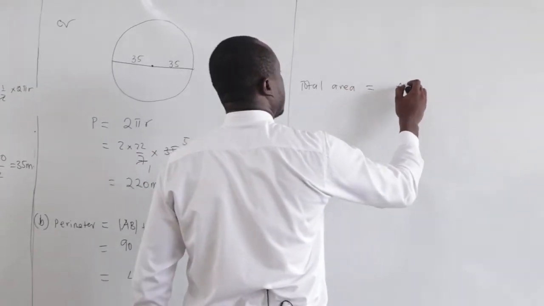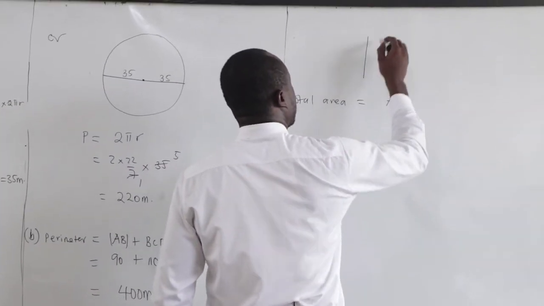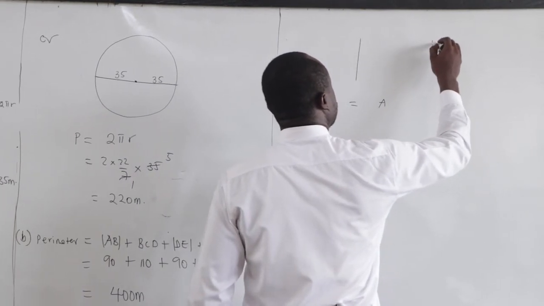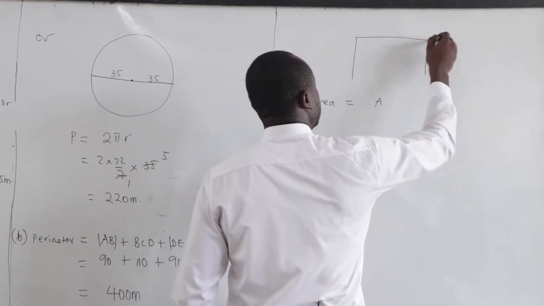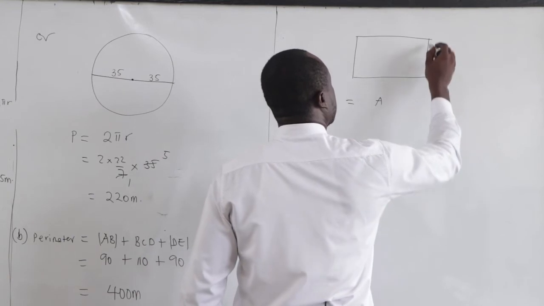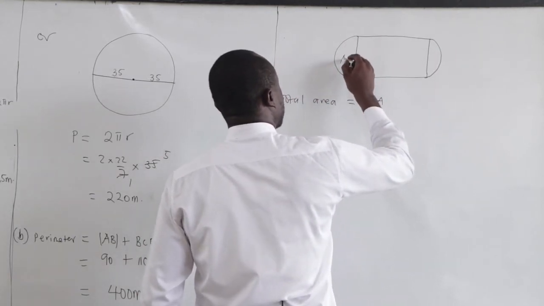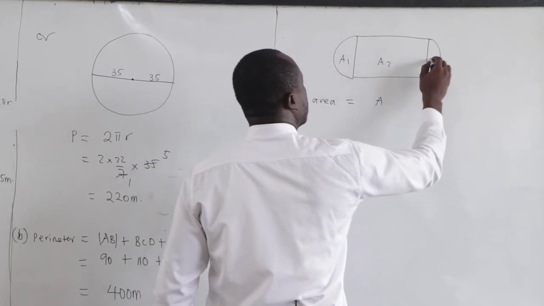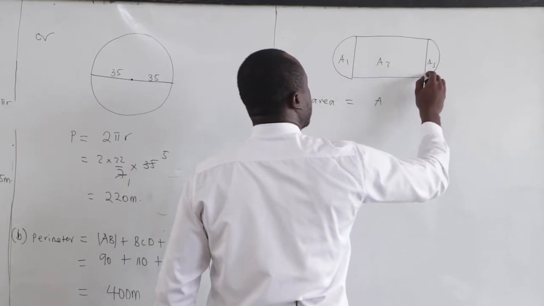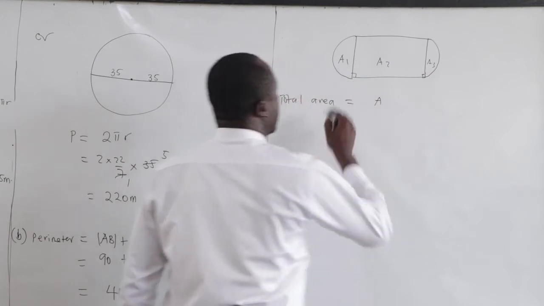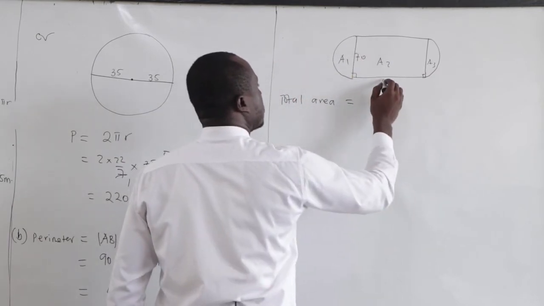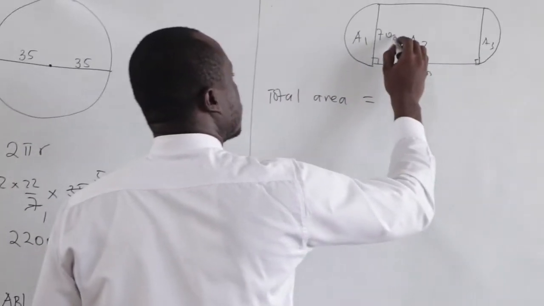So let's consider the diagram here. We said this is our A1, this is our A2, this is our A3. Now this is 70 and then this is 90 meters.